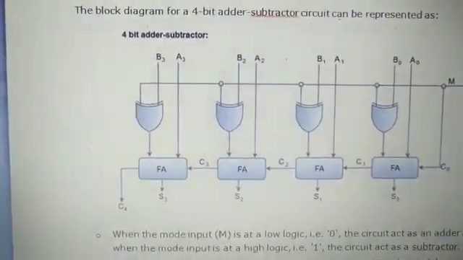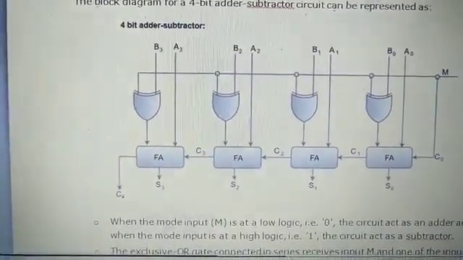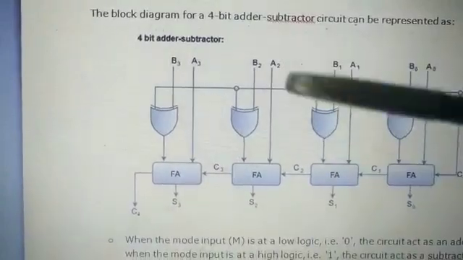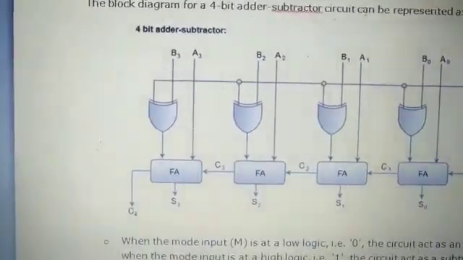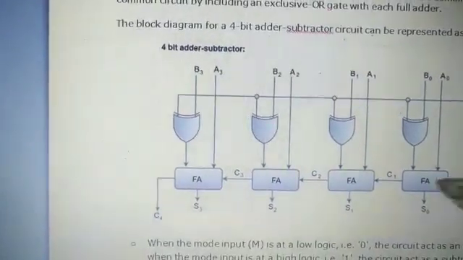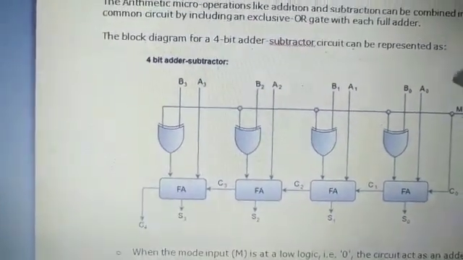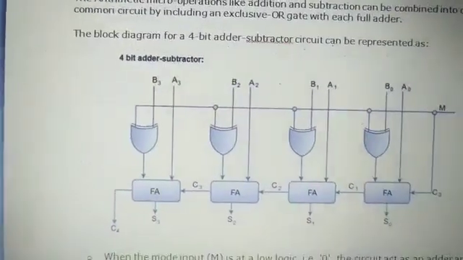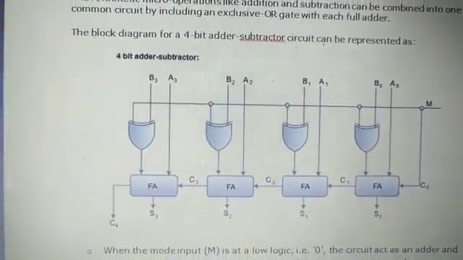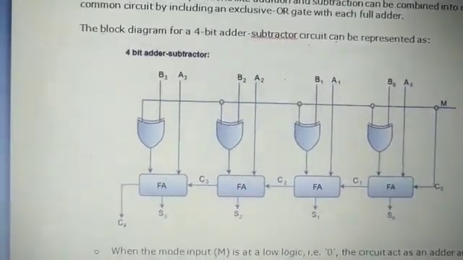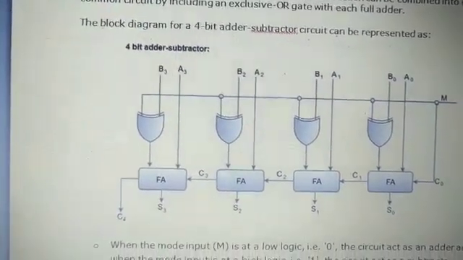It will not generate B0 bar, B1 bar, B2 bar, B3 bar; it will directly pass B0, B1, B2 and B3. Then at C0 we get 0, so no second complement is formed, because if the first complement comes we have to add 1, but here the signal is 0.